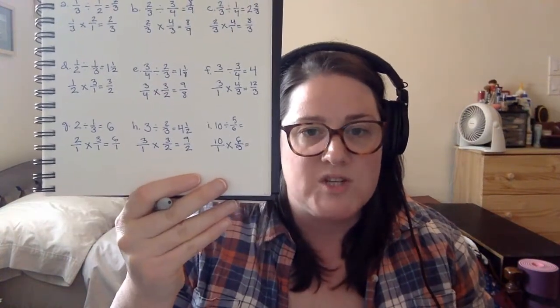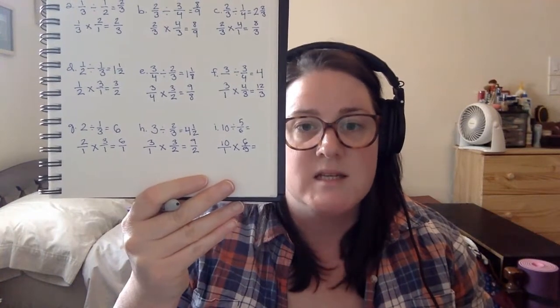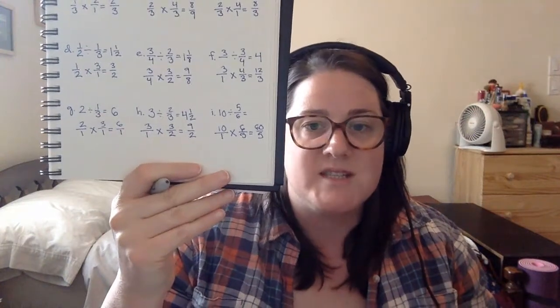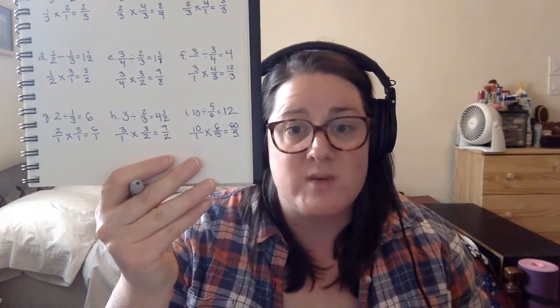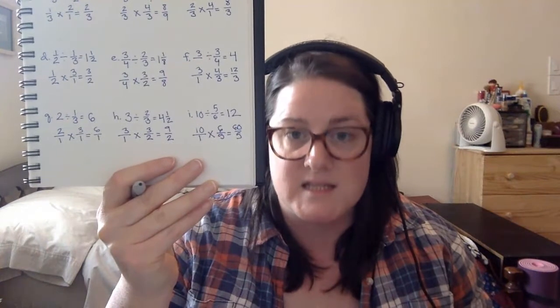And now I have the equation 10 over 1 times 6 over 5. 10 times 6 is 60. 1 times 5 is 5. My product is the improper fraction 60/5. In order to simplify this, I'm going to divide. 60 divided by 5 is 12. So 10 divided by 5/6 is 12.